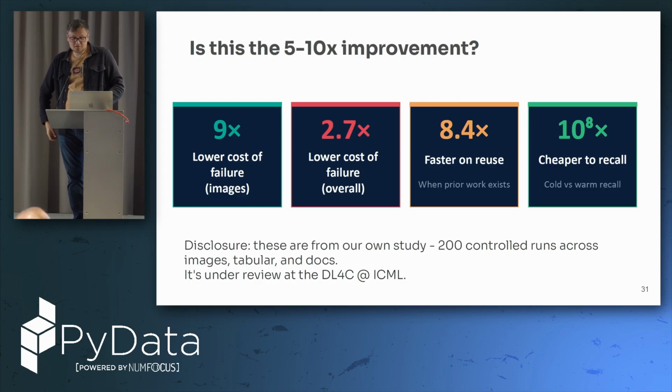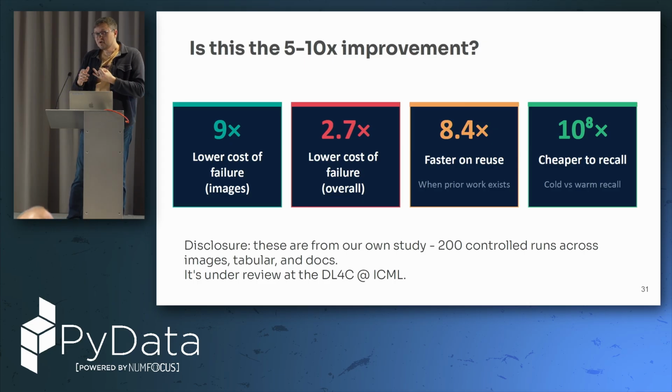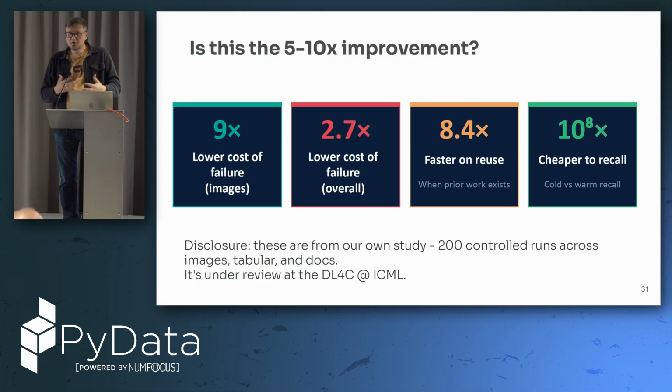The numbers we got vary from 3x to 8, 9x in terms of how fast we can get a result, or how much money we spend on some operations, especially when it's failing, and the cost of recompute.